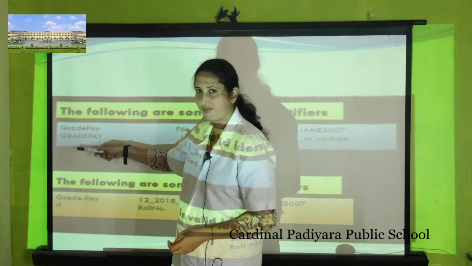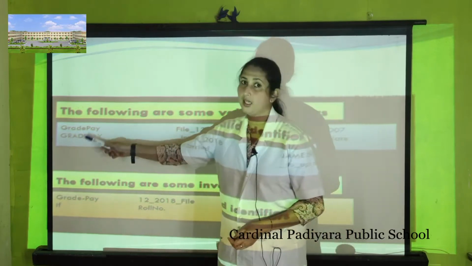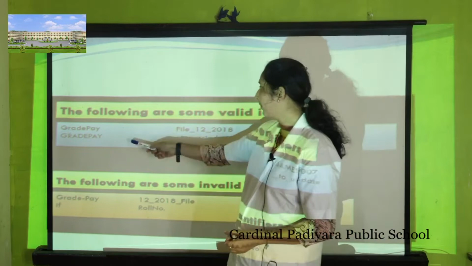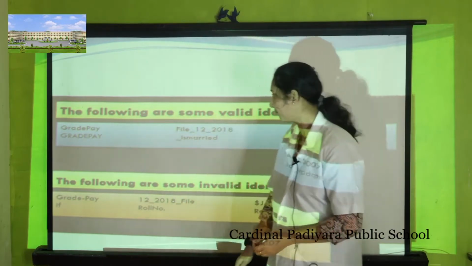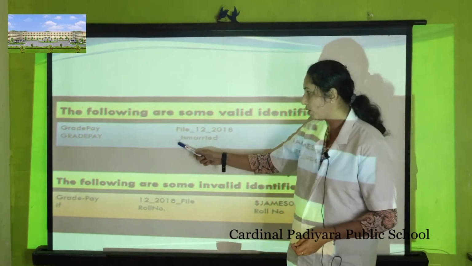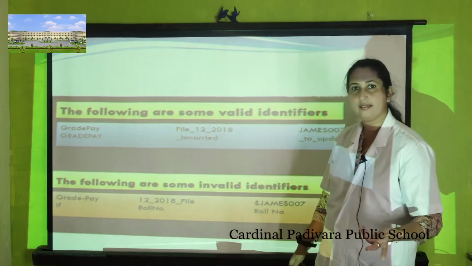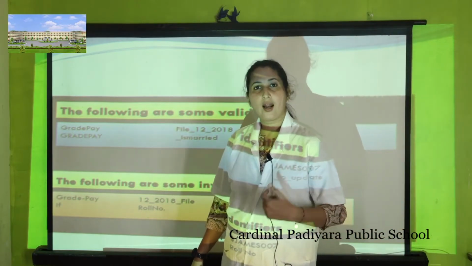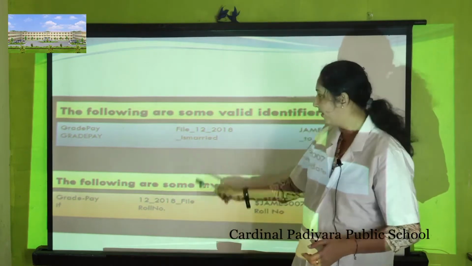These two are valid. Here we can see an underscore is also possible, that is, we can start with a character or an underscore, but not start with a digit.